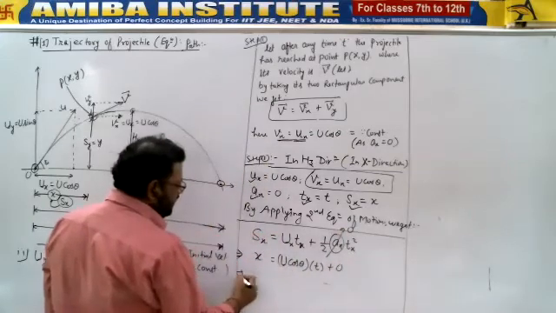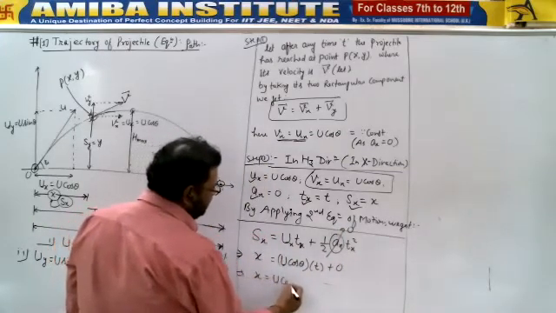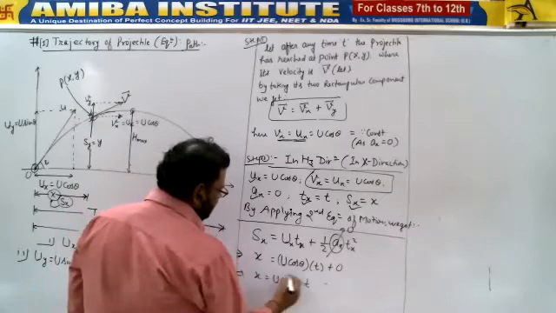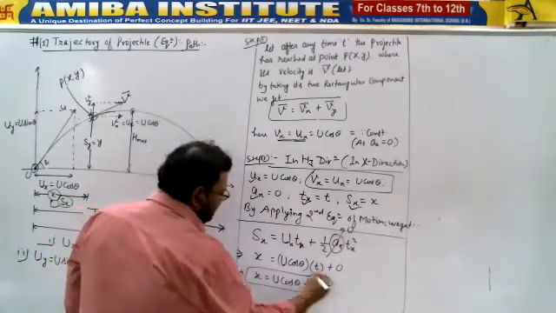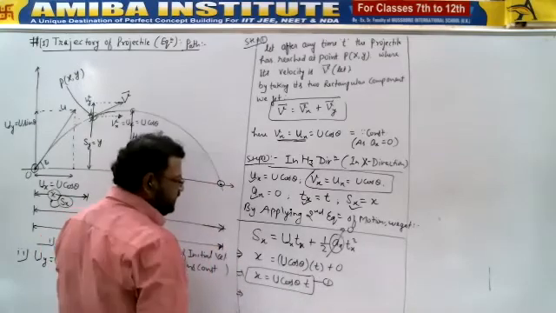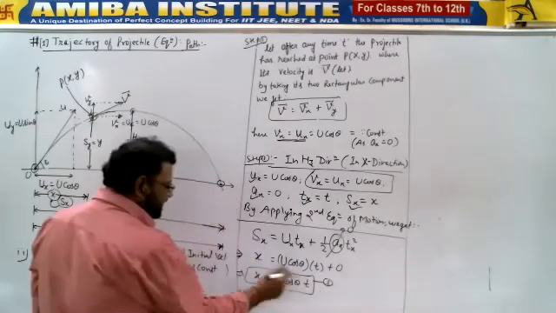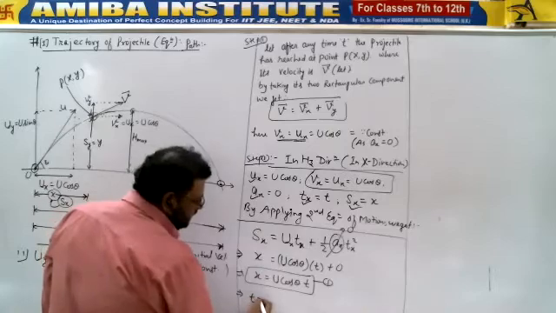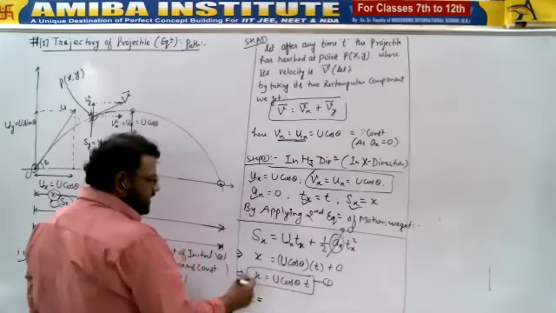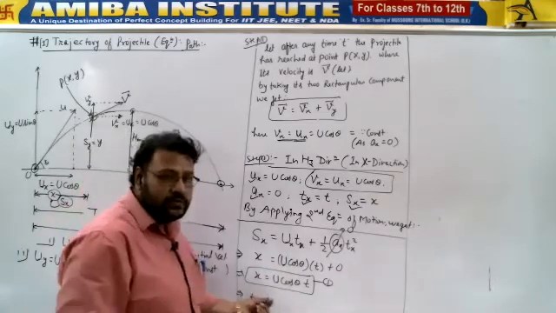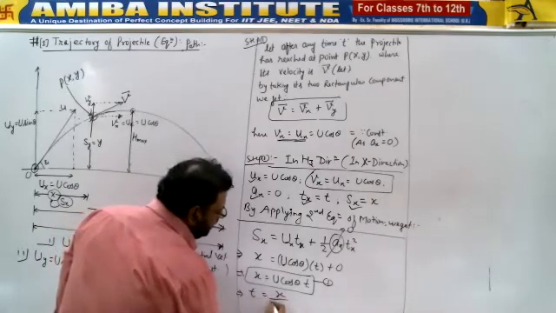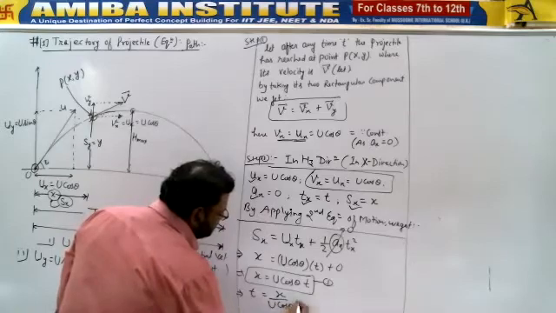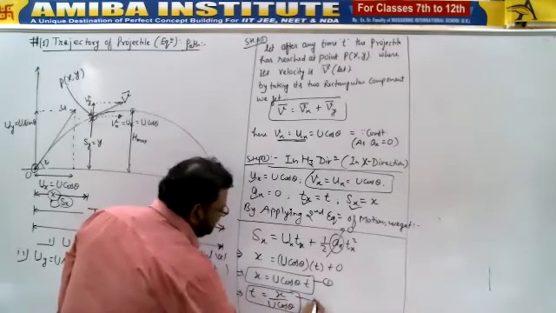So we got x is equals to u cos theta into t. Let me write it, equation number 1. Now by this, can we find the time in terms of x and u? Yes. So t will be is equals to x upon u cos theta, equation number 2.